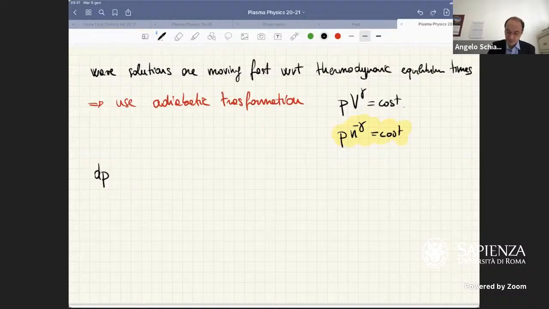Actually, we can write it in this way: P is equal to a constant times n to the gamma, and gamma is the adiabatic index, so the ratio of the specific heat at constant pressure, what is called Cp, over Cv. This is the definition of gamma.